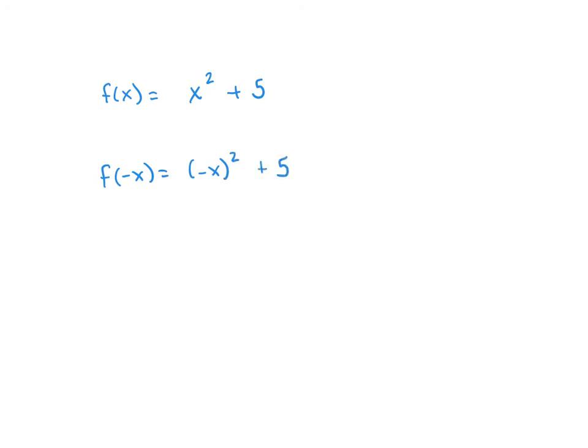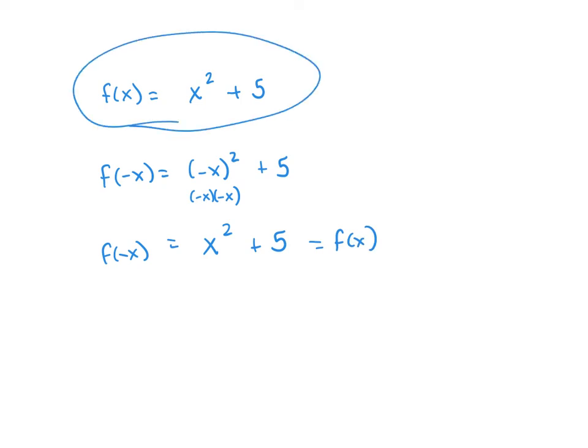Negative x times negative x, like we said before, is going to be positive x squared, and the 5 just stays the same. So now f of negative x, when I plugged in negative x, I got right back where I started, which is the original function. And so if I get back to the original function, we say this is an even function.